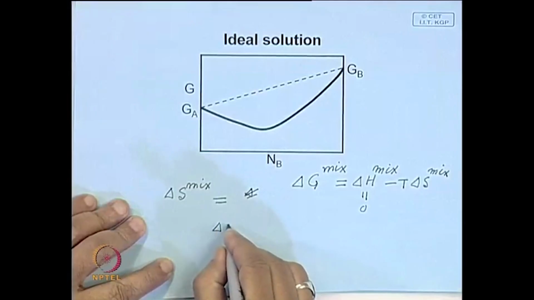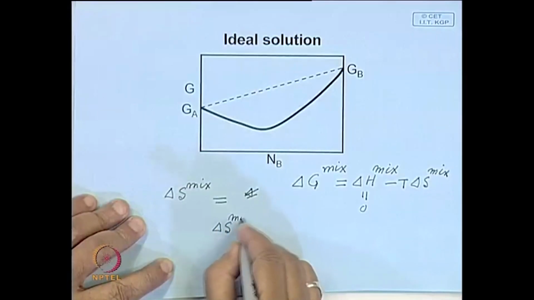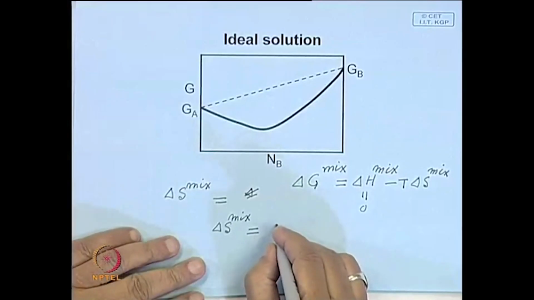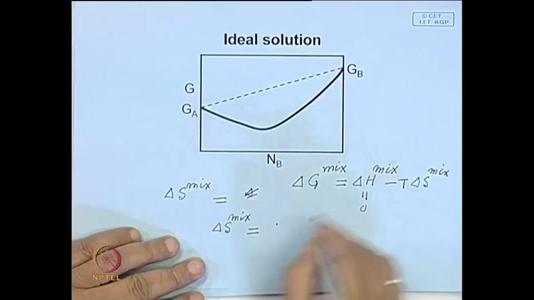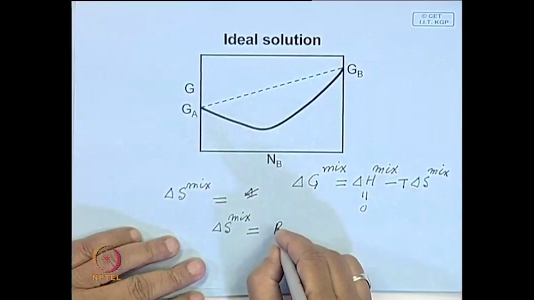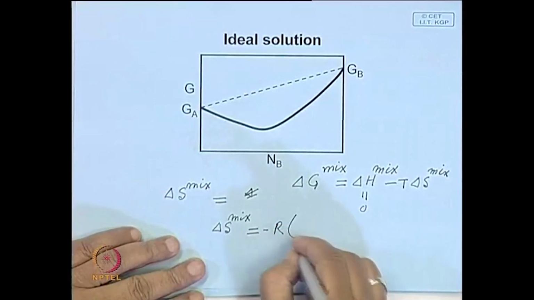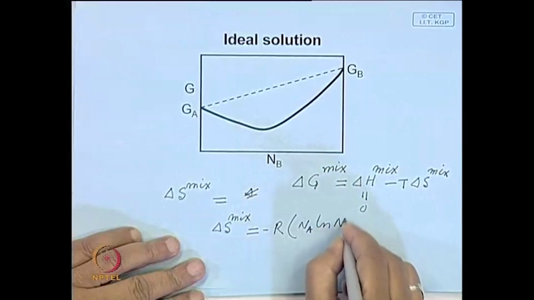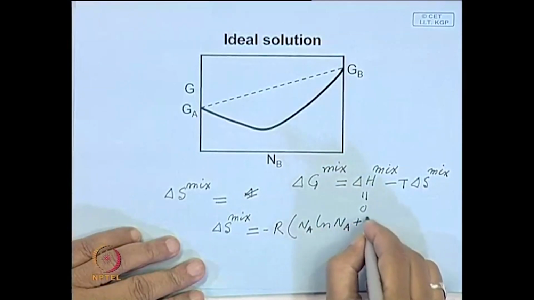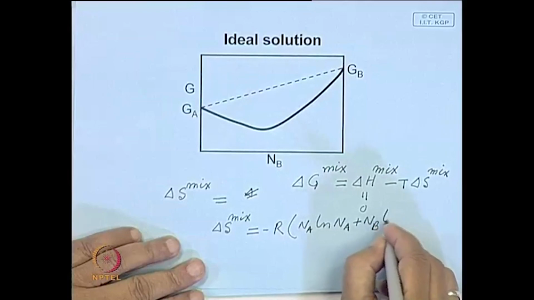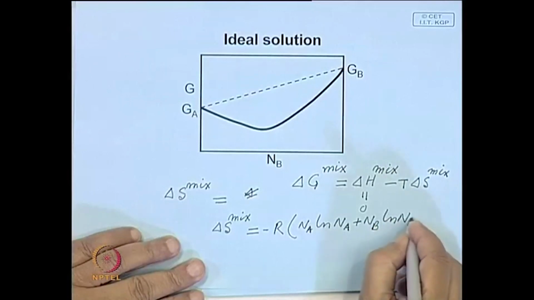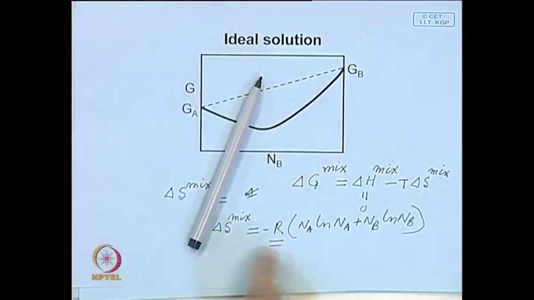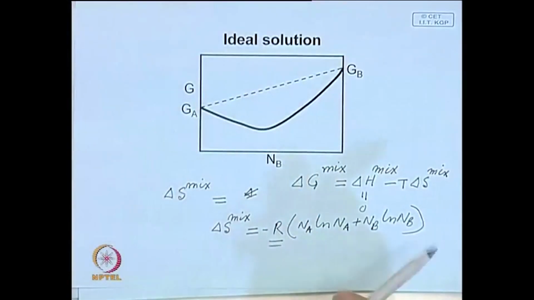Therefore, delta S mixing equals minus R times the sum of N A ln N A and N B ln N B. So this is the correct expression for entropy of mixing.